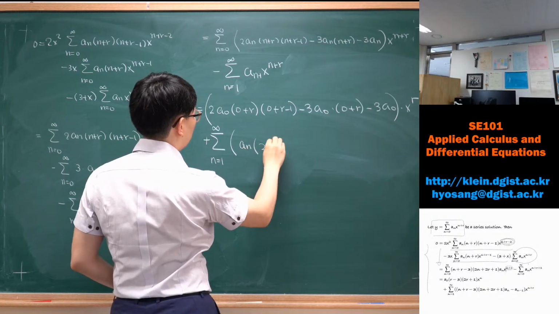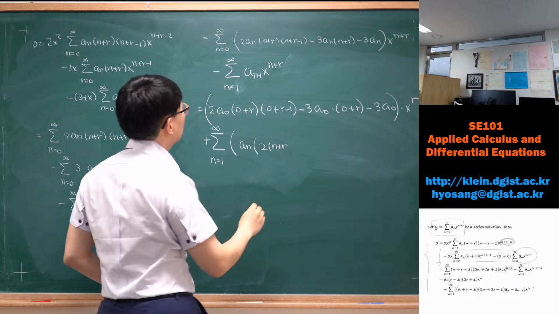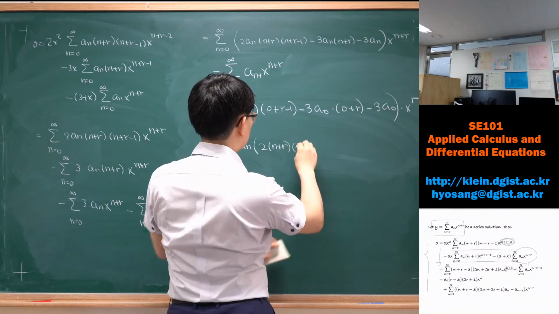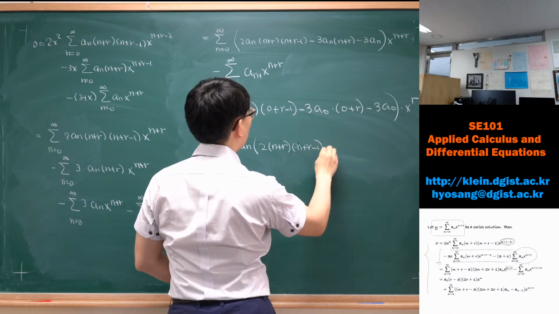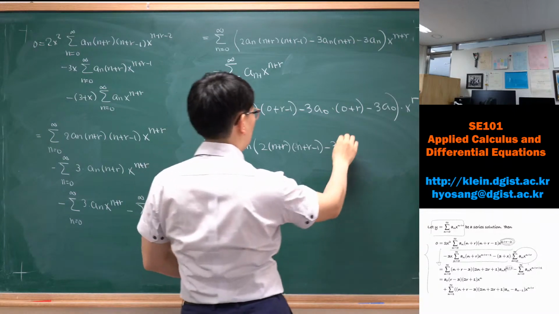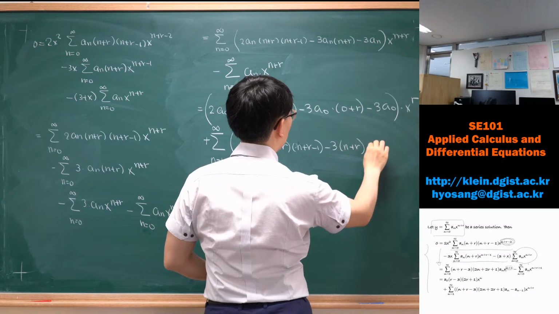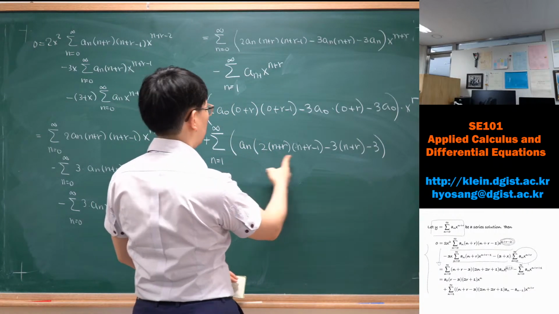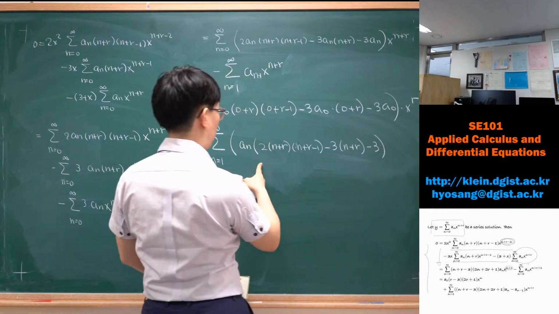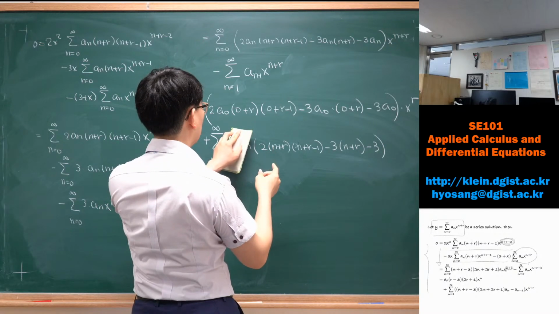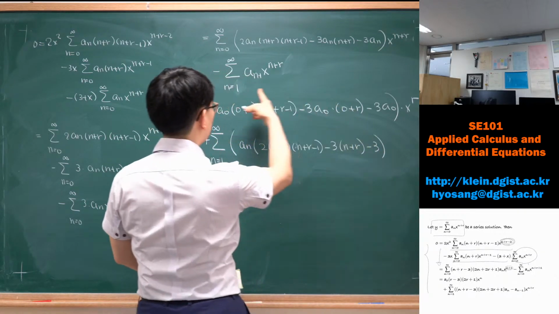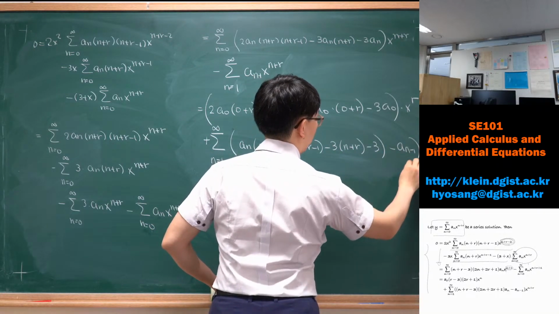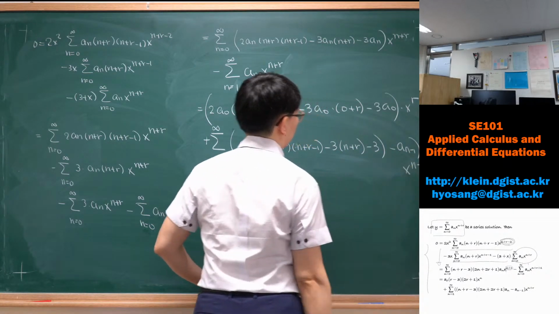So an times 2 times n plus r times n plus r minus 1, minus 3 times n plus r, minus 3, and that's the coefficient for x to the n plus r, and then minus an minus 1 times x to the n plus r.